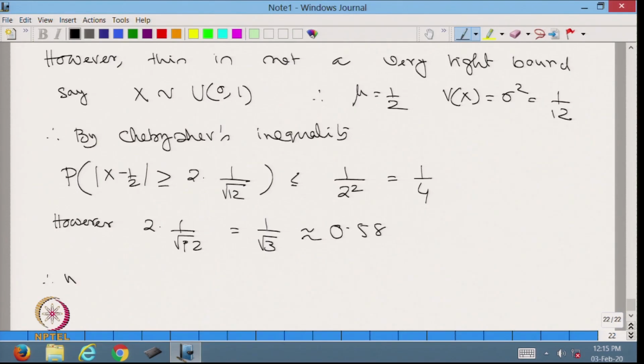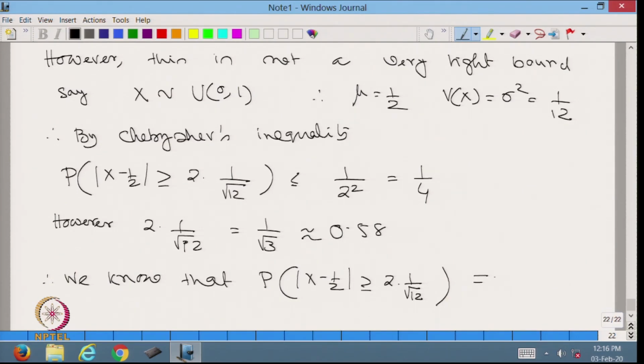Therefore, we know that probability modulus of x minus half greater than or equal to 2 upon root 12 is equal to 0. Of course, this is less than or equal to 1 by 4, but it is not a very tight bound.